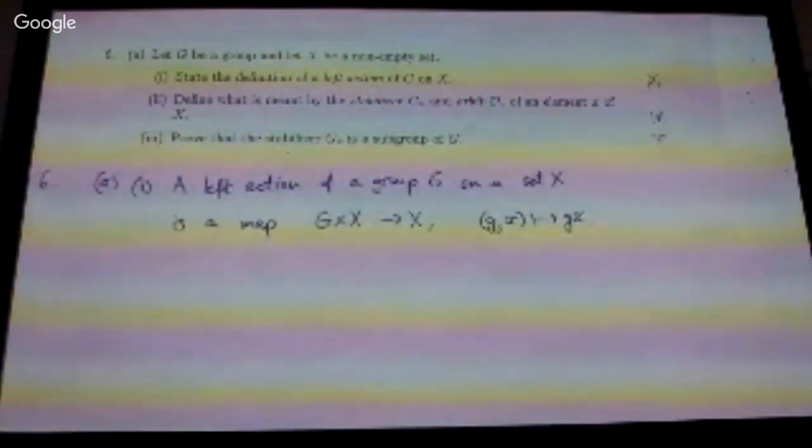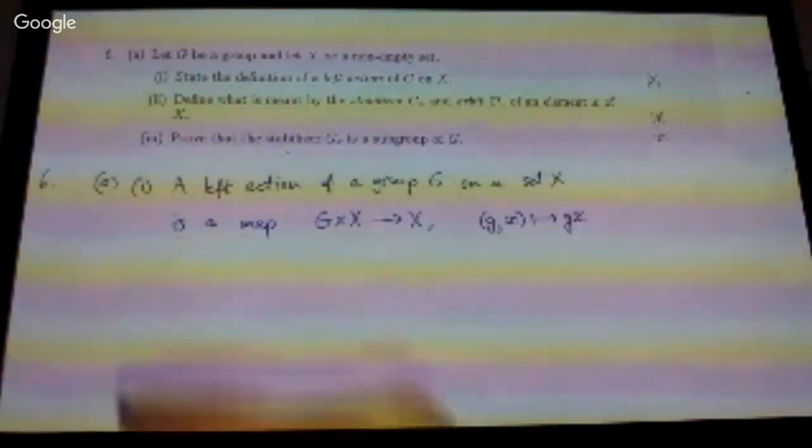It doesn't really say much so far, but there are two conditions.